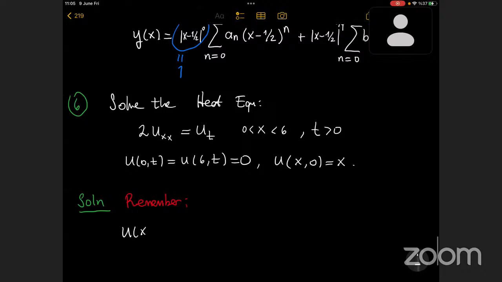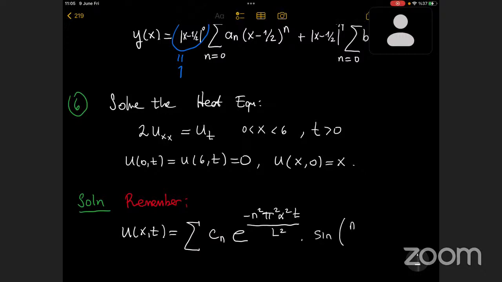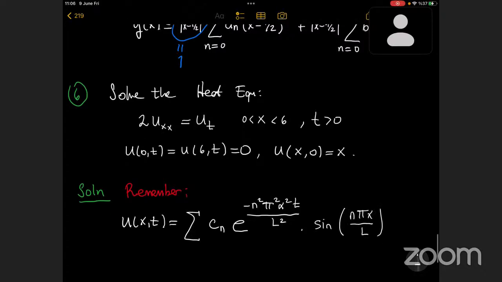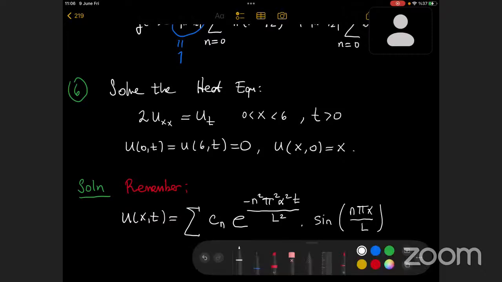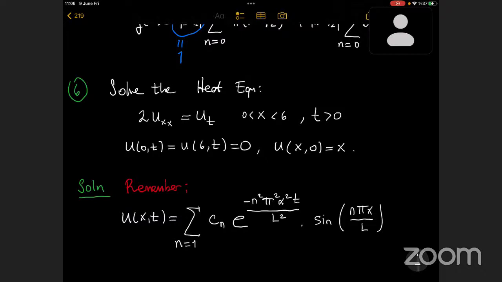u(x,t) is basically, we will have some constant c_n e to the minus n squared pi squared alpha squared t over L squared times sine of n pi x over L. So for this partial differential equation, the solution is in this form. n is from 1 to infinity.